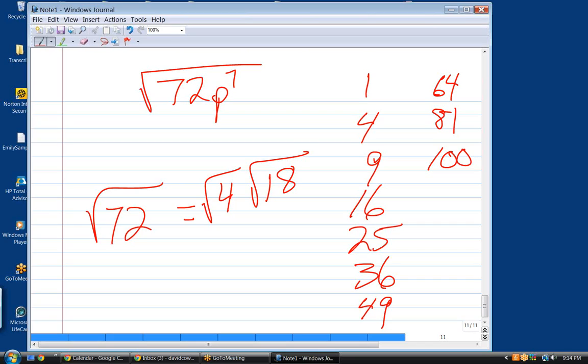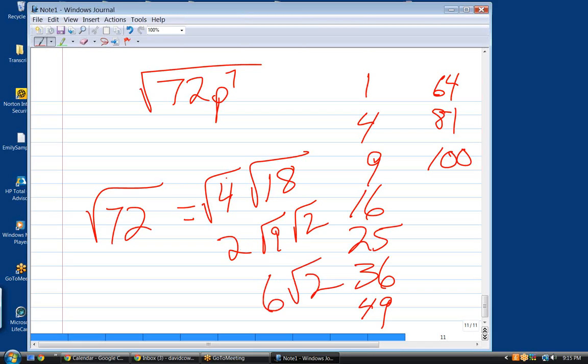This will still get us to the right answer. It'll just take longer. Because the 4 comes out as a 2, but then the root 18 simplifies into root 9 times root 2. Root 9 is a 3. 2 times 3 is 6, root 2. So you still get to the answer, it just takes an extra step.